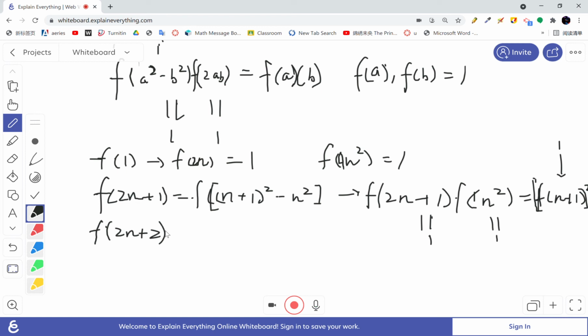N square. So we just want to find the induction of 2n plus 2.